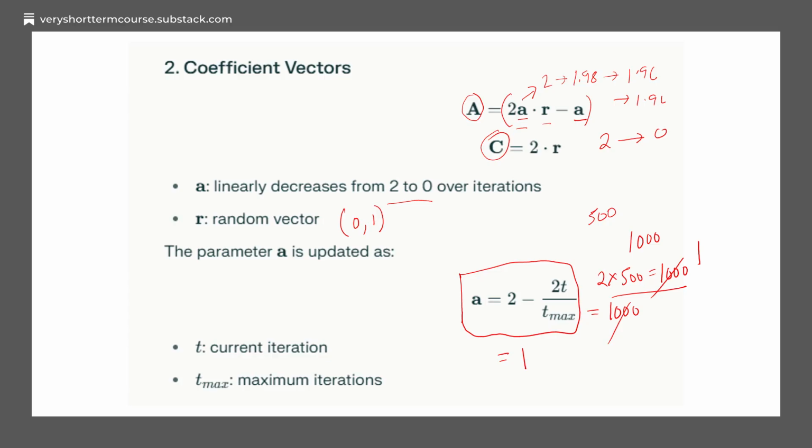So they say it is the encircle phase of catching prey. Okay, so we have A, we have C. How we can calculate the value of A, we know. How we can calculate the value of C, you know. So that is all about how to find the values of coefficient vectors at each iteration.